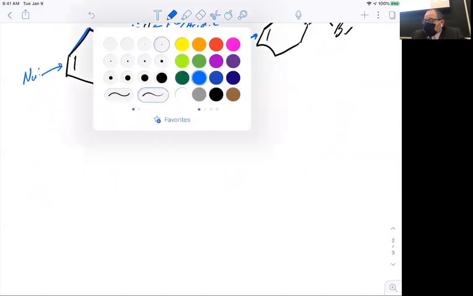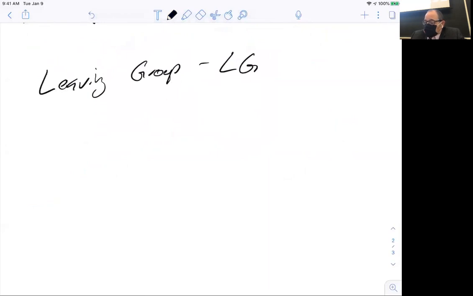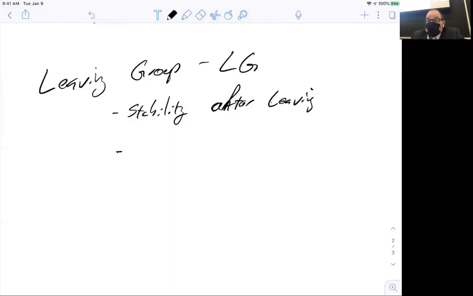The last group is leaving group. It is the molecule that leaves, right? So stability after leaving is the most important part. So what kind of things make good leaving groups? Well, we'll get into this in depth, but right now halides make really good leaving groups because bromine negative is stable, chlorine negative is stable, iodine negative is stable, right?